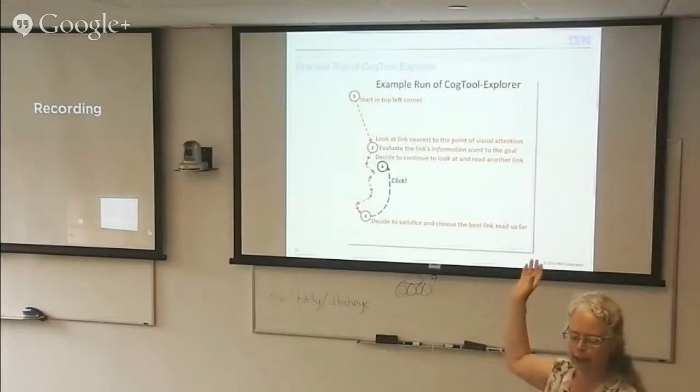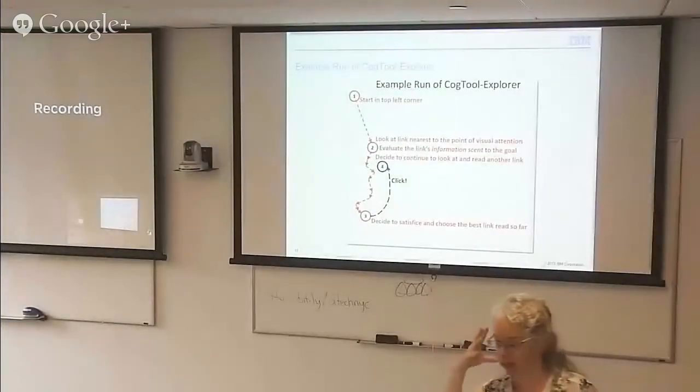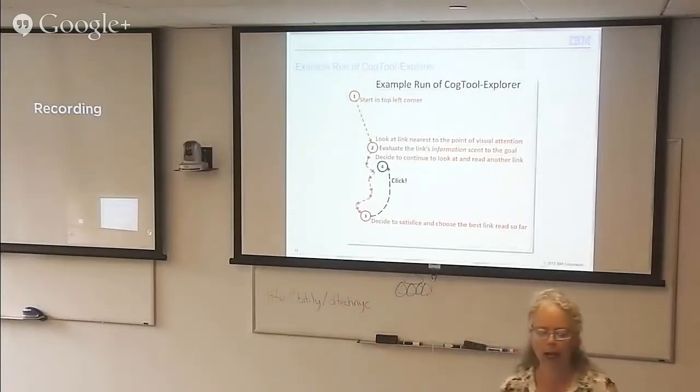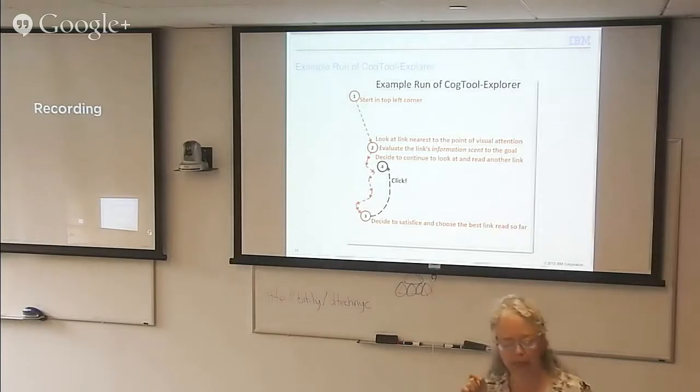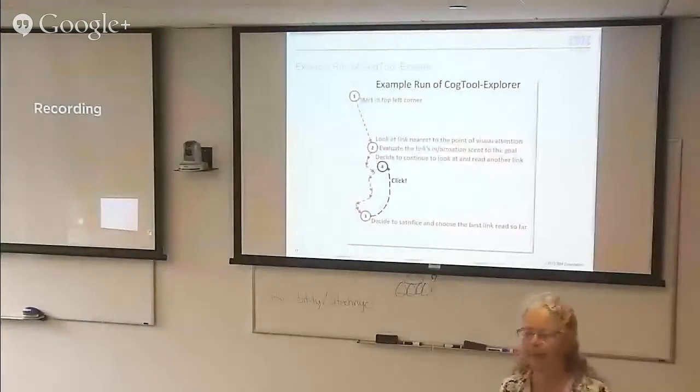So it starts at the upper left corner. It looks at the link nearest, because it has a model of eyes and how eyes move around. And it evaluates this link or button to say, what's the information scent of this relative to my goal? Information scent is actually a quantity that says how related semantically is this button or link that I'm looking at to my goal.